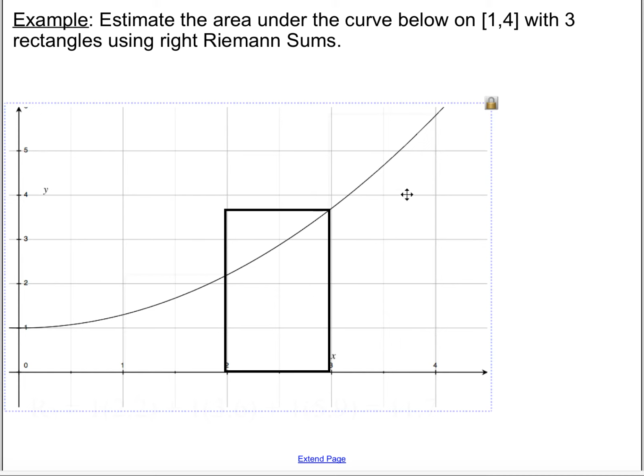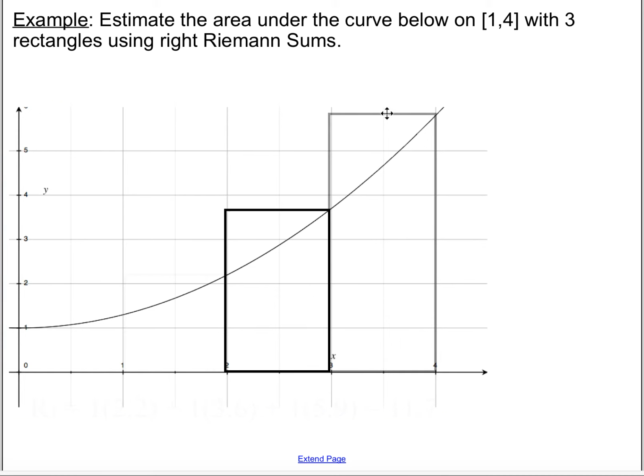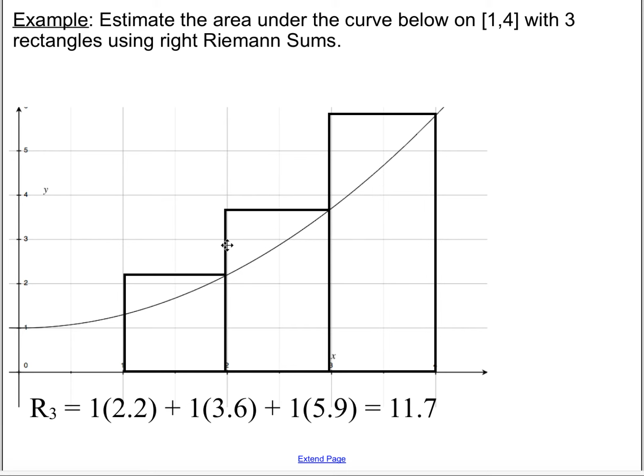From 2 to 3, here's where it hits the curve at 3. From 3 to 4, this is where it hits the curve at 4. Then I estimated my y values to be 2.2, 3.6, and 5.9, and I got 11.7.